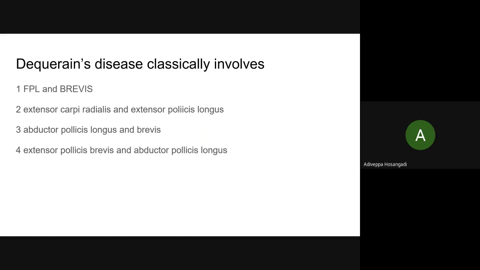De Quervain disease classically involves tenosynovitis, or stenosing tendovaginitis, of EPB and APL.